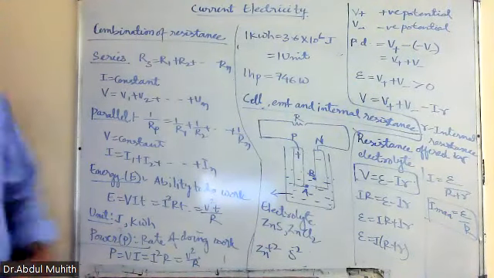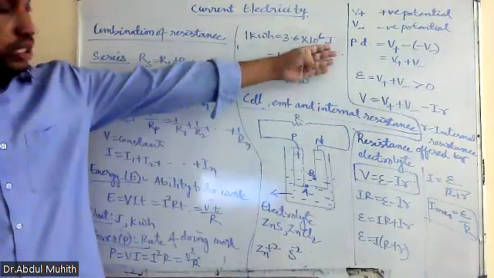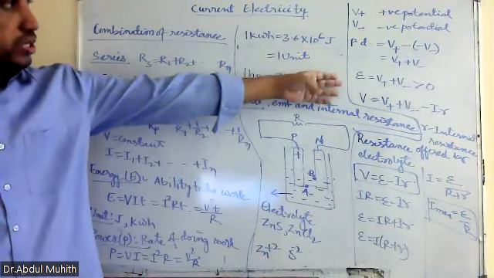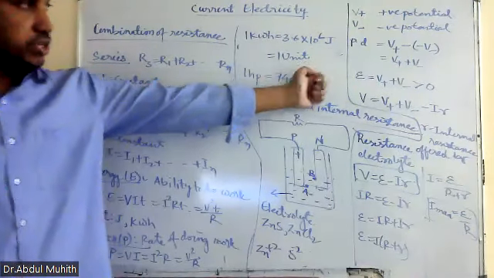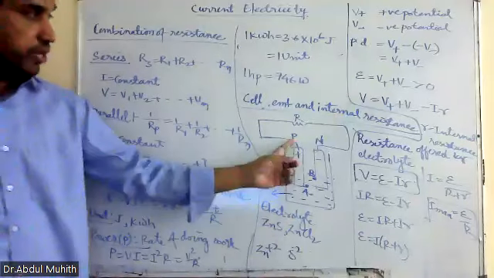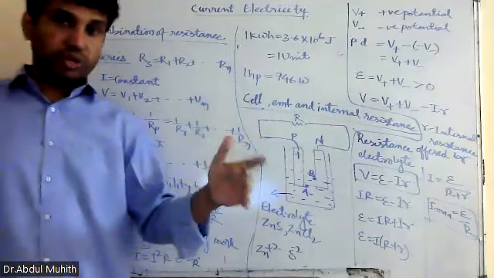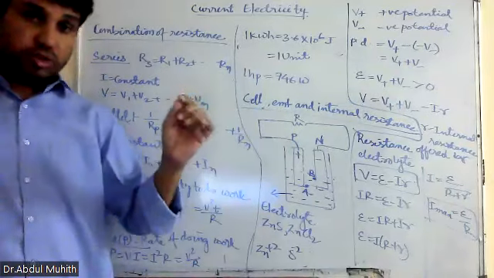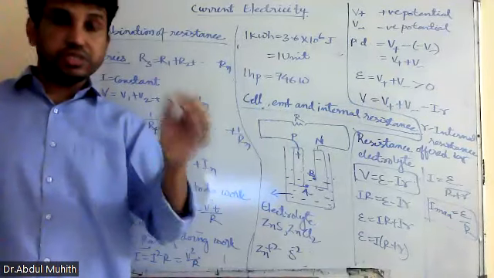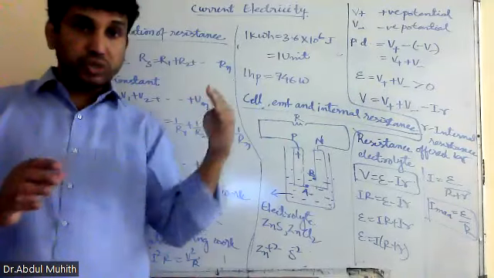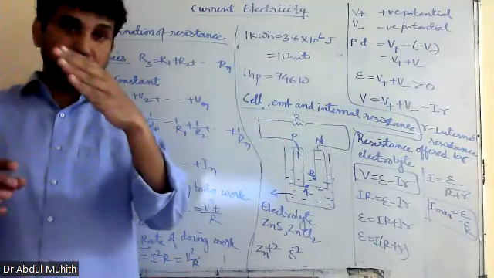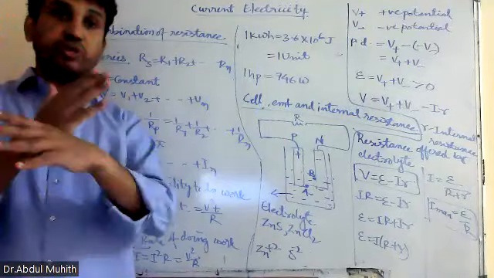See, once again, the potential difference is what? V plus plus V minus, and EMF is E, which is greater than 0, and total voltage is equal to what? V plus plus V minus IR. IR is the voltage, but R is what? R is the internal resistance. Internal resistance is when the cations are moving towards the negative plate and anions are moving towards the positive plate.